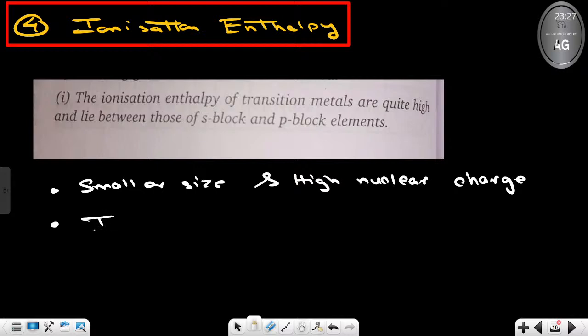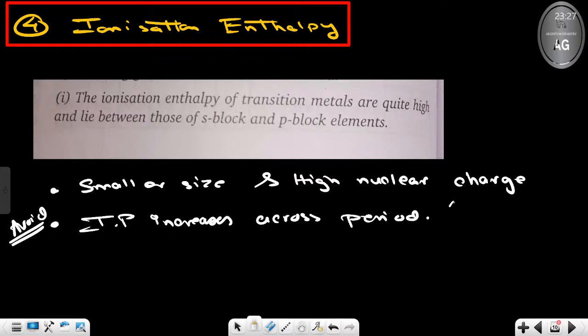And the second point, though I will not tell you to write it, avoid this point: IP increases across a period, from left to right. Understood? Clear? Simple part. Next one.